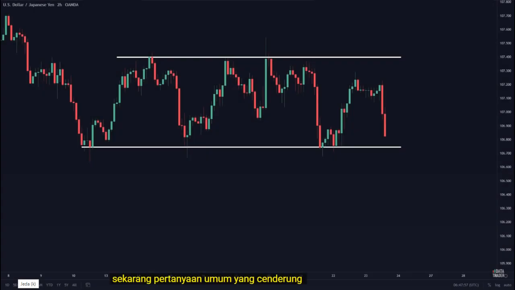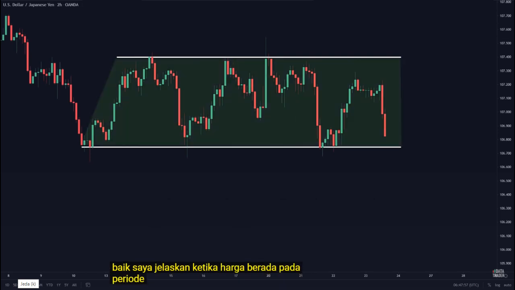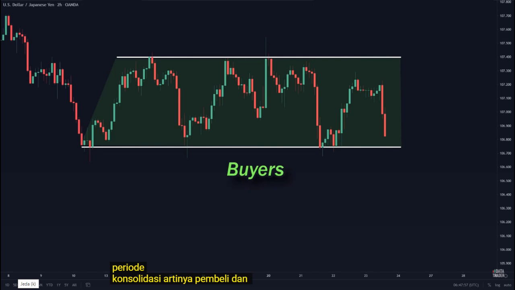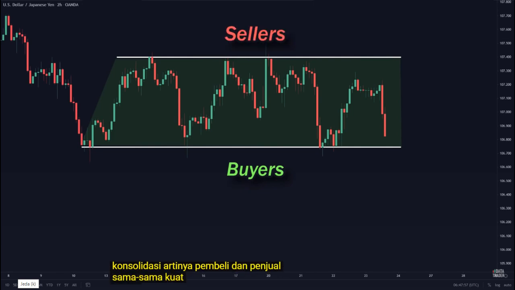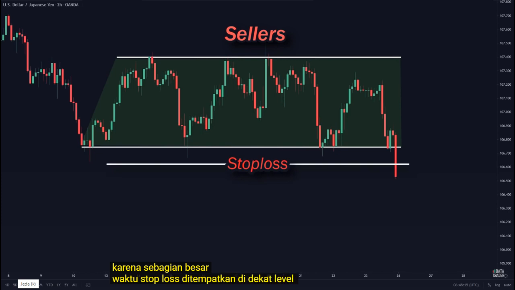Now, a common question that people tend to ask is, why do breakouts happen? What's the logic behind it? Well, let me explain. When prices are on a period of consolidation, it means that both buyers and sellers are equally strong. But once a breakout happens, let's say to the downside, all of a sudden, sellers are now stronger. And because sellers are stronger, buyers who bought at the support level are forced to close their position, because most of the time, a stop loss is placed near a key level.